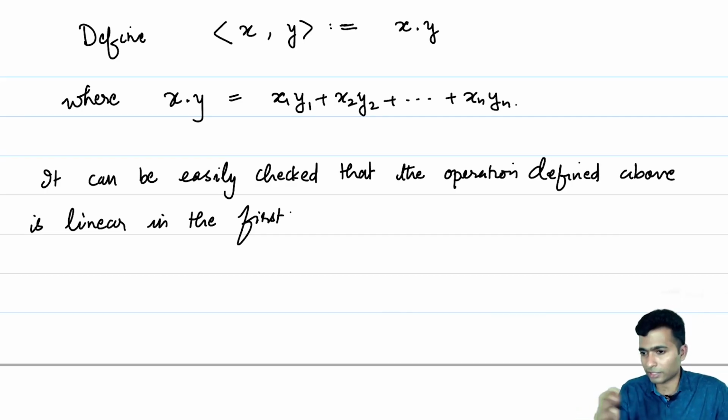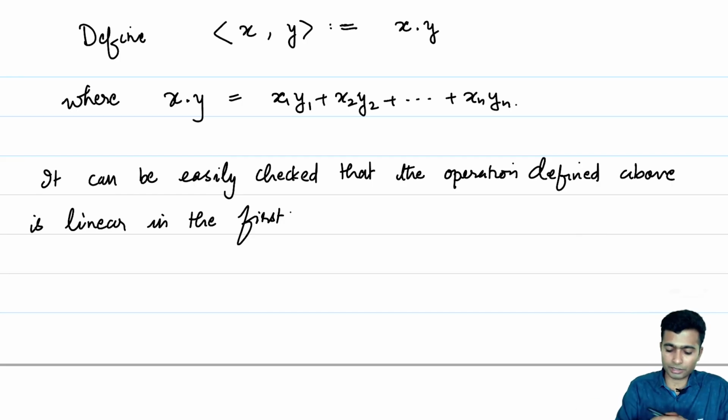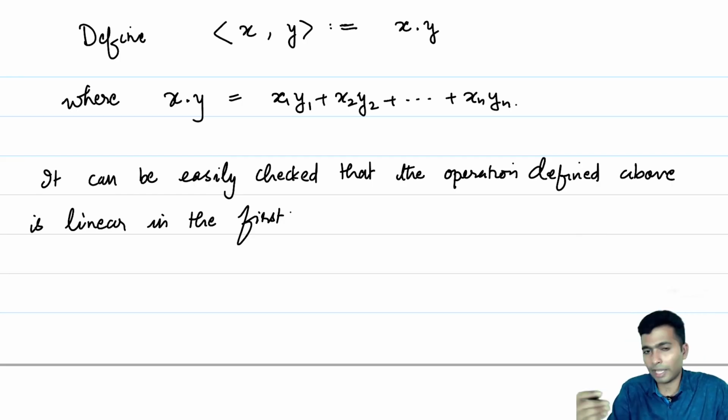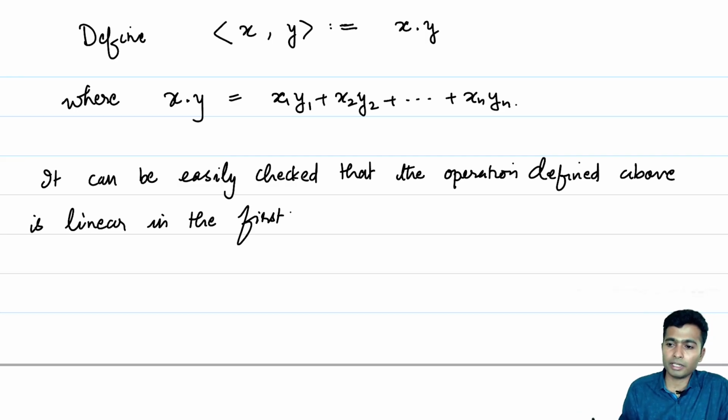It will just turn out to be (x1 plus x1 prime) times y1 plus (x2 plus x2 prime) times y2 and so on. Use the distributivity and it is very easily checked that it will turn out to be the inner product of x with y plus the inner product of x prime with y. Very similarly, you can also check for a real number times a vector. When you look at the inner product of that with another vector y, then it is going to be the real number times the inner product of the vector with y. So I'll leave that as an exercise.